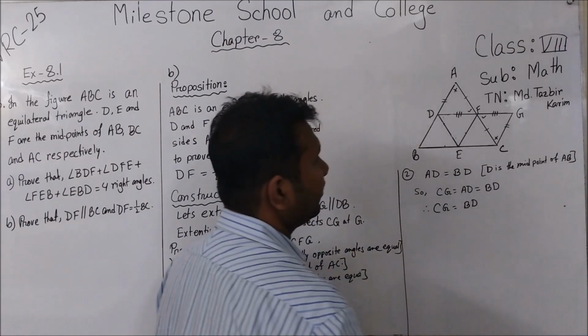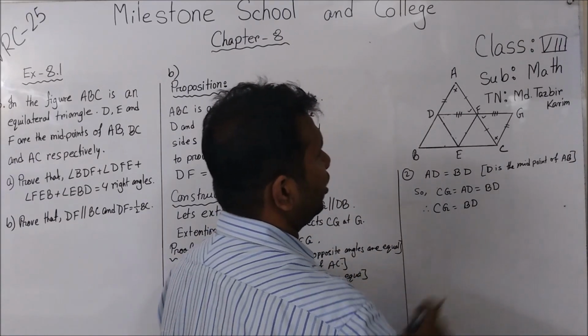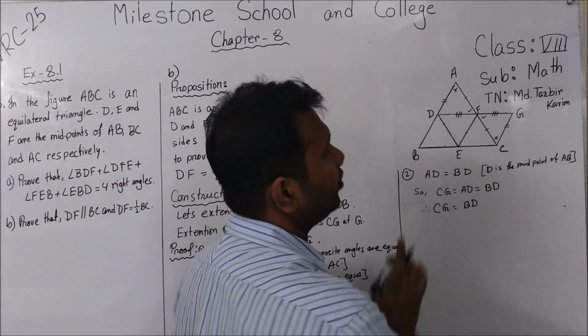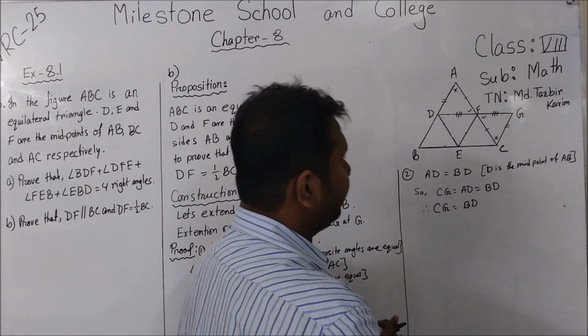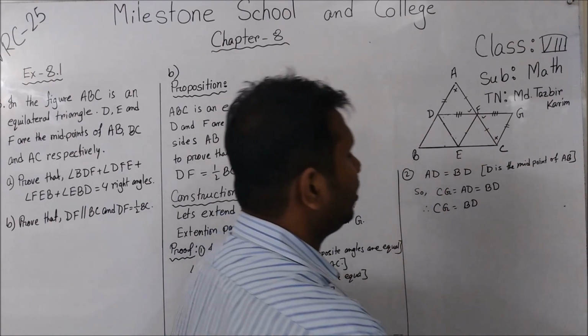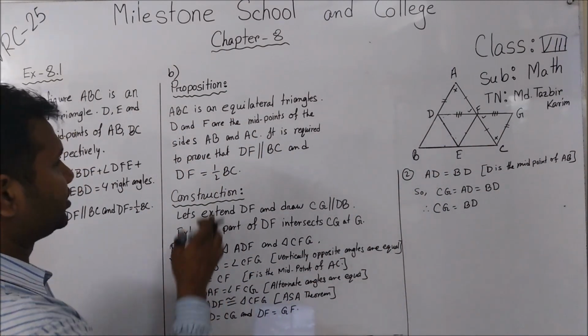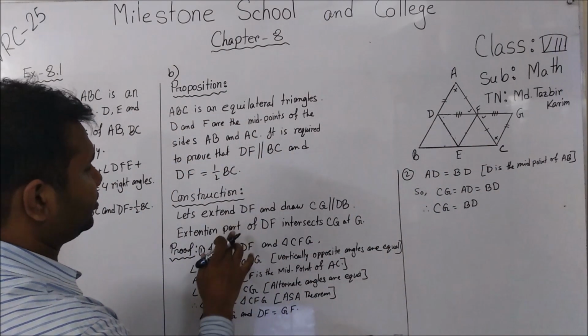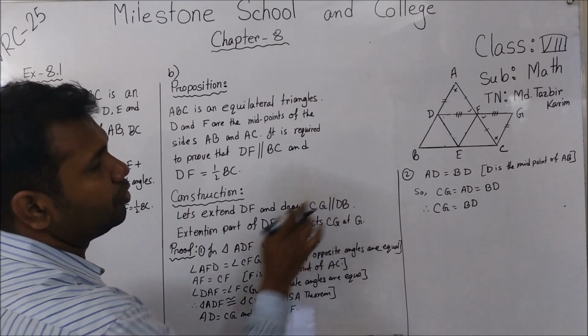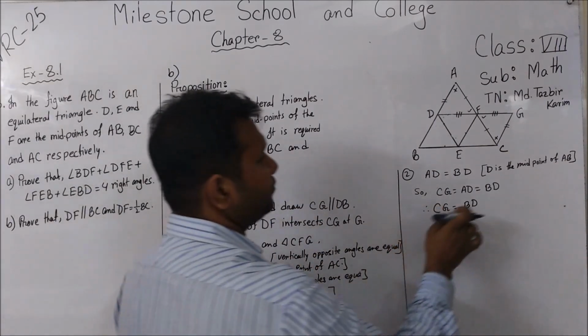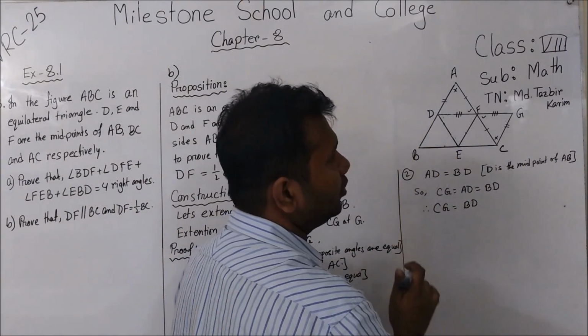Okay, so we draw CG parallel to AB, right? Look here, in the construction I wrote CG parallel to BD, and I just found out that CG equal to BD.